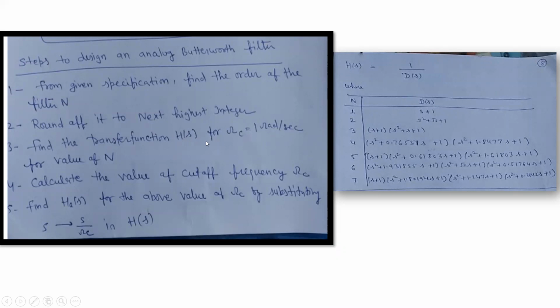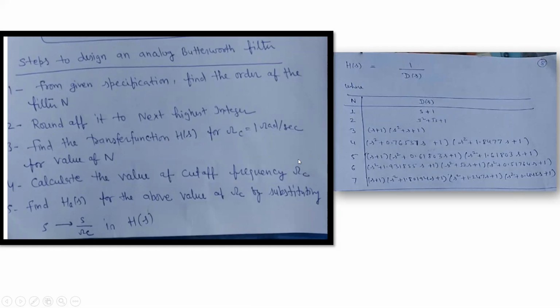This transfer function can be figured out by the formula 1 upon D(s), and D(s) can be found from the given table as you have already calculated the order of the filter. For the specific order, there will be a specific denominator polynomial, and this expression H(s) can be obtained. After finding the normalized transfer function, you can find the value of cutoff frequency if it is not given.